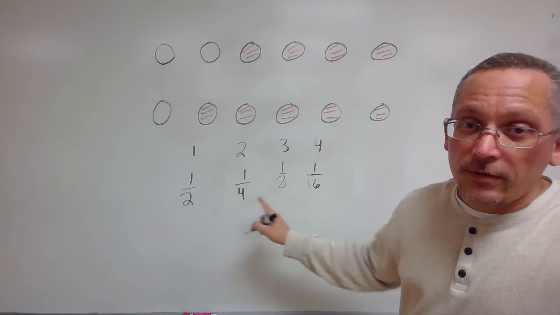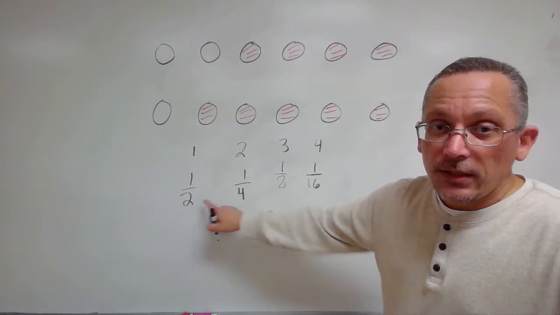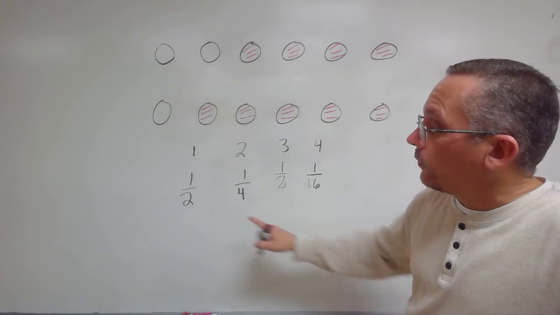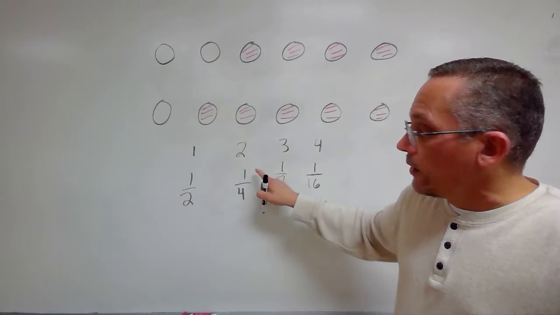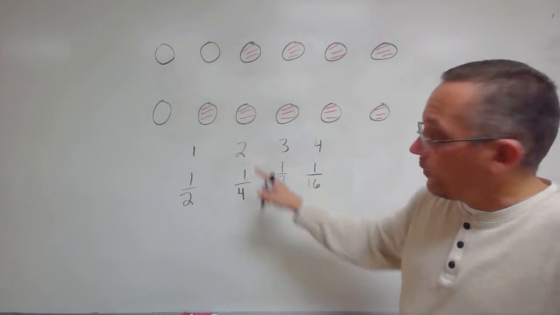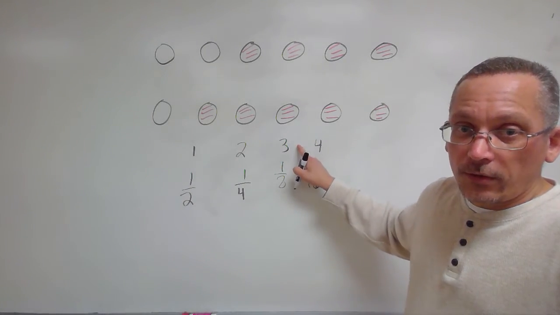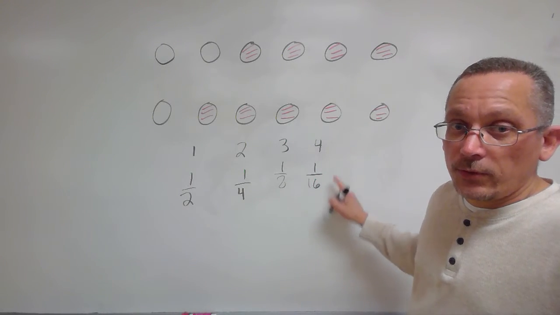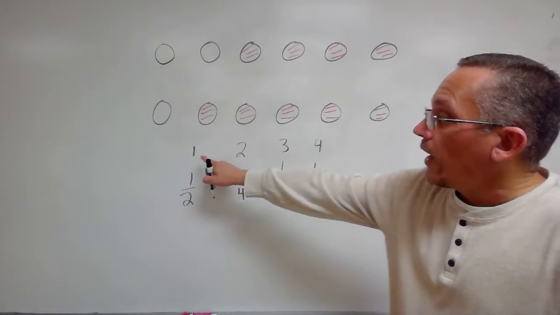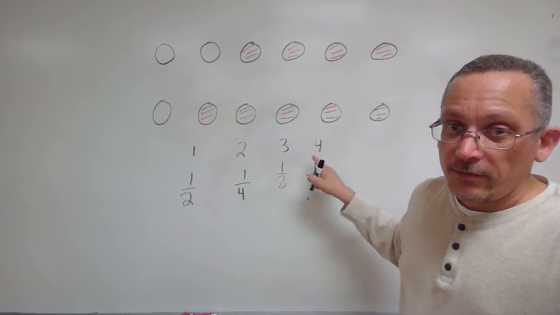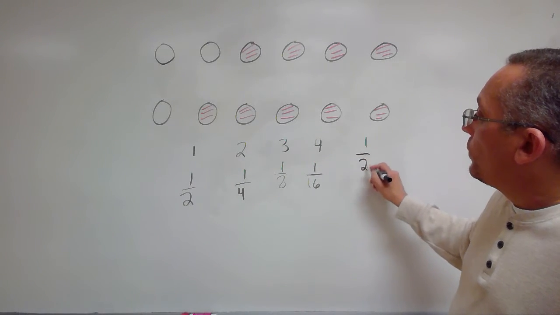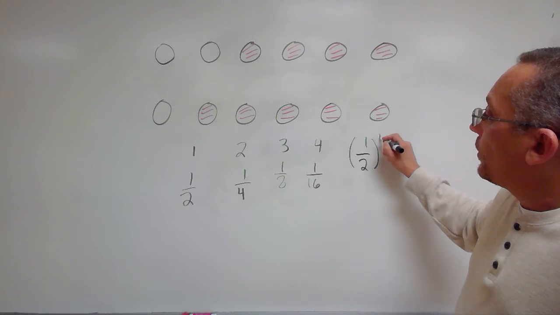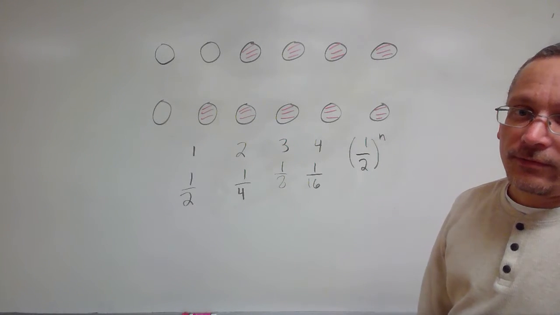And there's a pattern here. There's a pattern in these numbers. Each of these is a power of 2, right? This is 1/2 to the first power. This is 1/2 to the second power. This is 1/2 to the third power. This is 1/2 to the fourth power. So after so many half-lives, the amount that remains is 1/2 to the power of the number of half-lives.